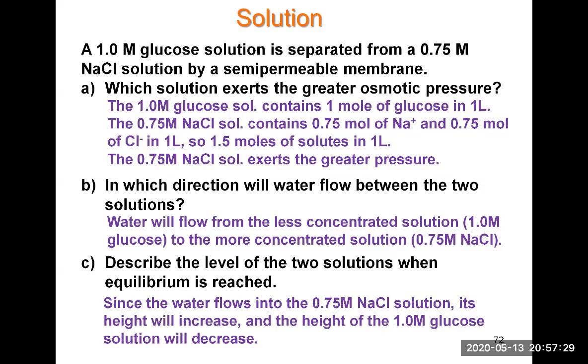Right, since the water flows into the 0.75 molar NaCl solution, its height will increase, and the height of the 1 molar glucose solution will decrease. So that covers the first part of osmosis.